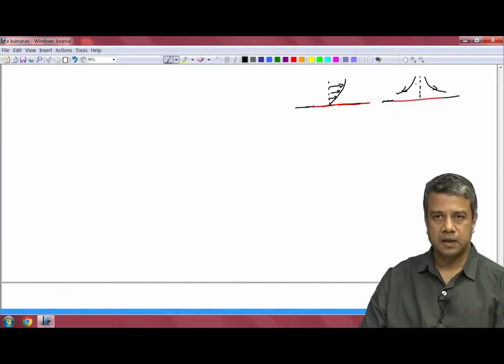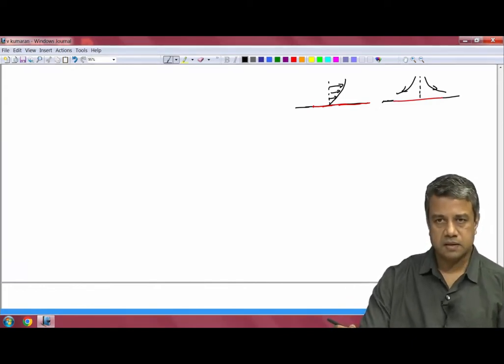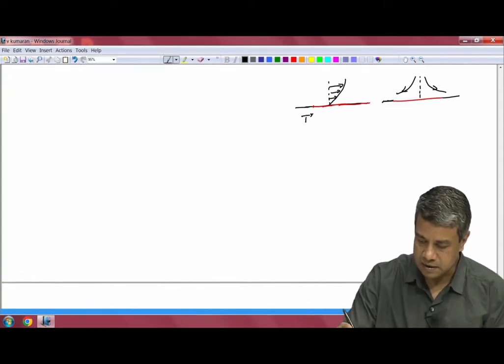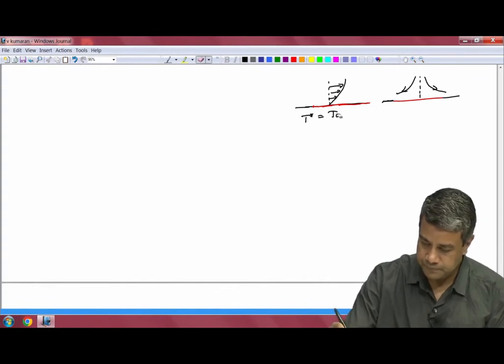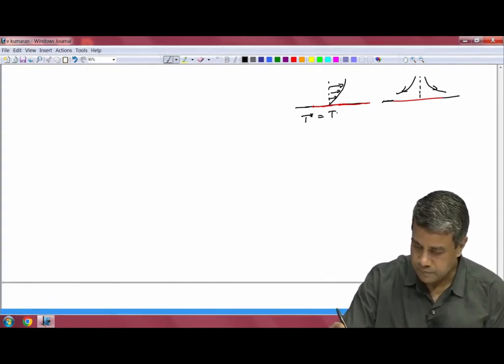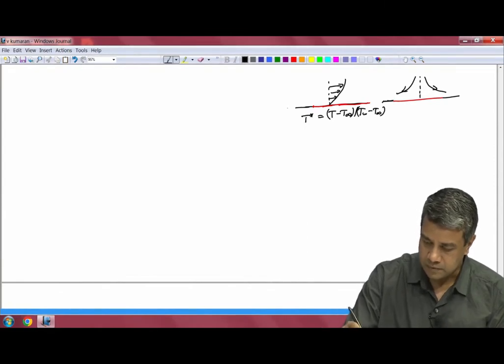And in both cases, we had got the equation for the scaled temperature T star, which is equal to (T minus Tw) over (T infinity minus Tw), if the wall temperature is Tw and the temperature far away is T infinity.